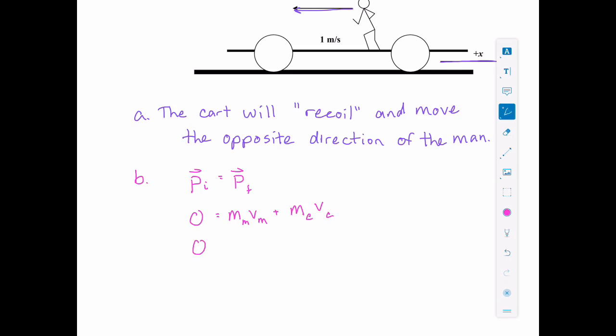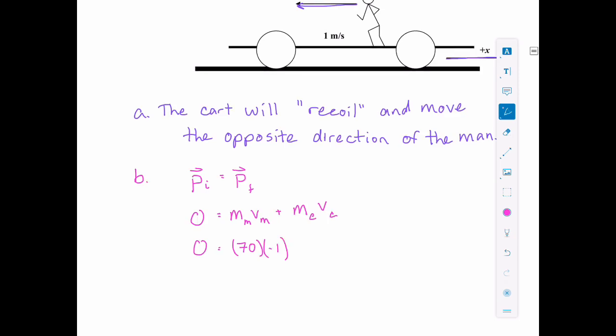And we're trying to figure out what speed this cart recoils with. All right, so plug it in. Mass of the man was 70 kilograms. The speed of the man, be careful. Momentum's a vector, you need direction. So it's going 1 meter per second, but in the negative direction. So it's -1. Plus the mass of the cart is 1,000 kilograms, and we're trying to figure out the speed of the cart.